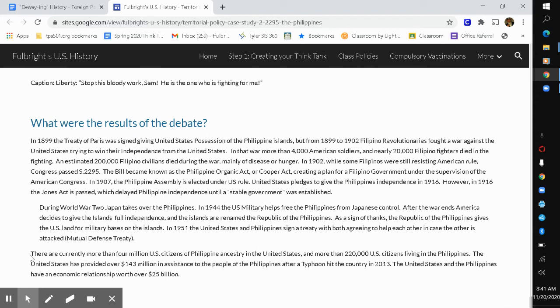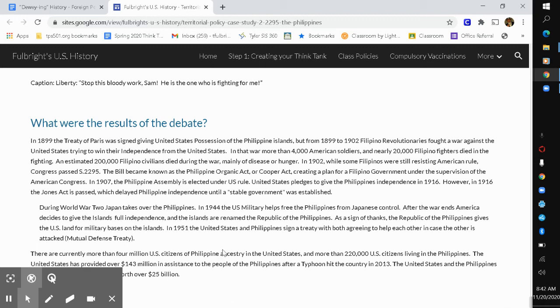We need to know that today there are more than 4 million U.S. citizens of Philippine ancestry in the United States, and more than 220,000 U.S. citizens living in the Philippines. So clearly, despite our war to subject the Filipinos to American rule, we have a much better relationship with the Philippines. You might actually know people living in your city who are from the Philippines, who are Filipino.